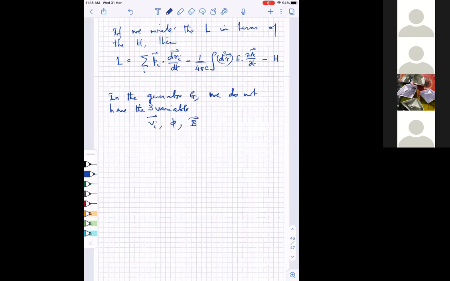So the generators do not have these three variables. And in some sense, these three variables are what I would call unnecessary variables.